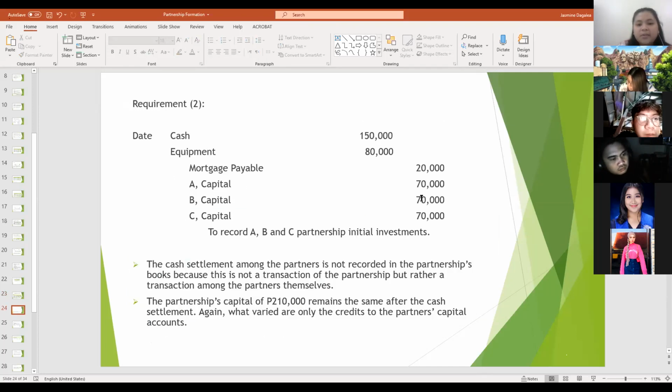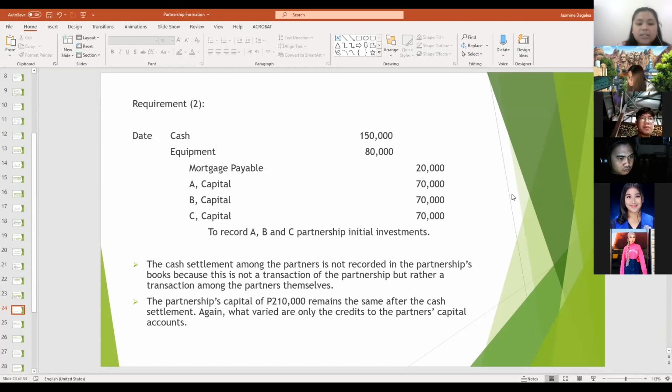B capital, 70,000. C capital, 70,000. Equal pa rin siya. 230,000 for debits, 230,000 for credits. To record A, B, and C partnership initial investments. This will be your journal entry for initial investment of capital contribution.